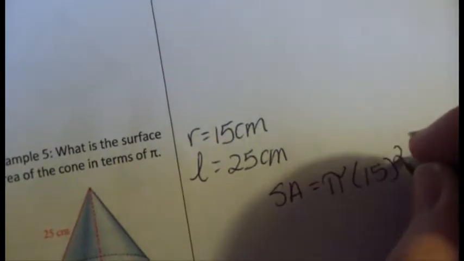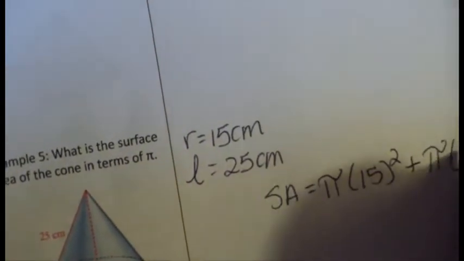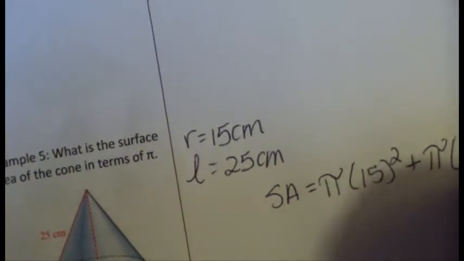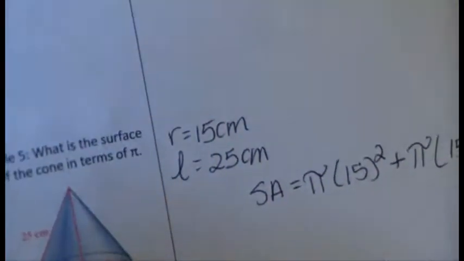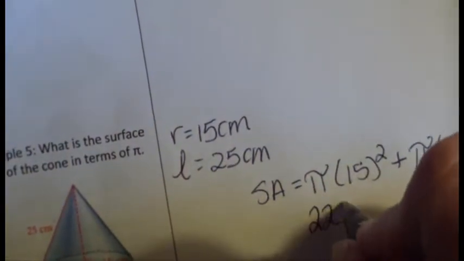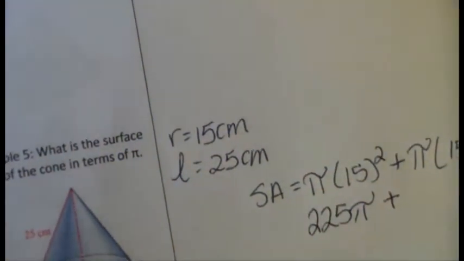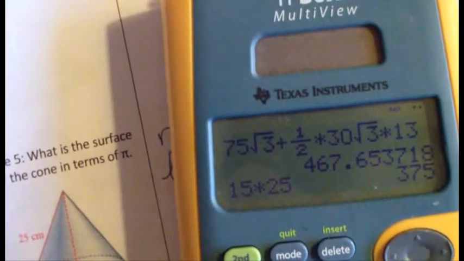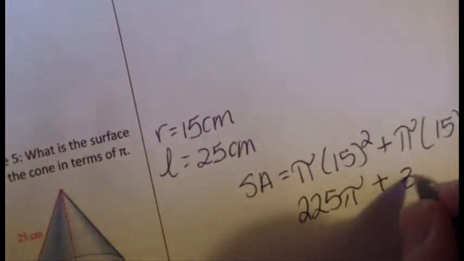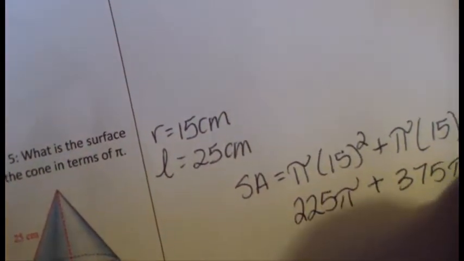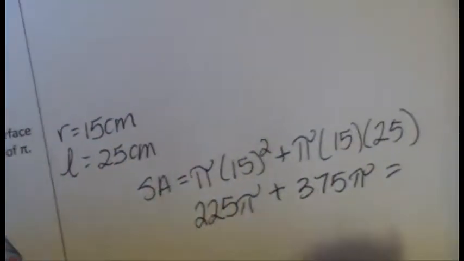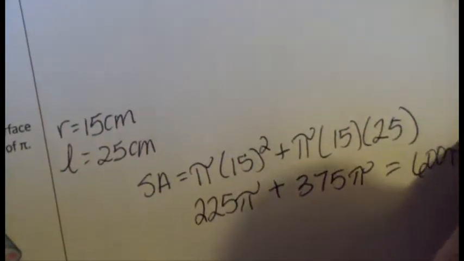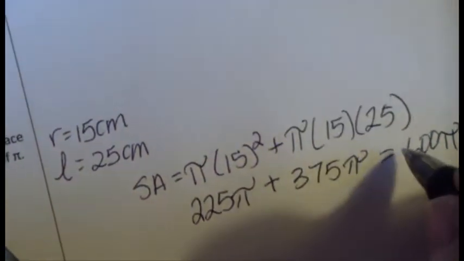So our surface area is pi r squared plus pi RL. 15 squared is 225, so 225 pi, plus 15 times 25 is 375, so 375 pi. If you add those together we get 600 pi, centimeters squared, and that's your surface area.